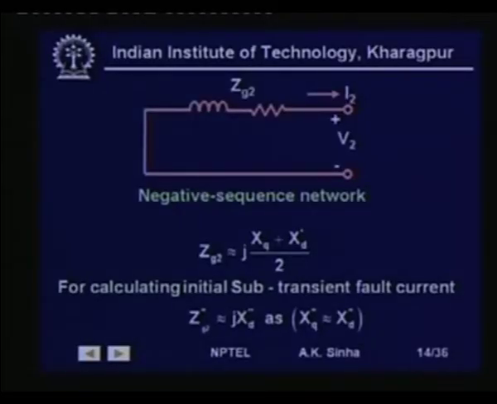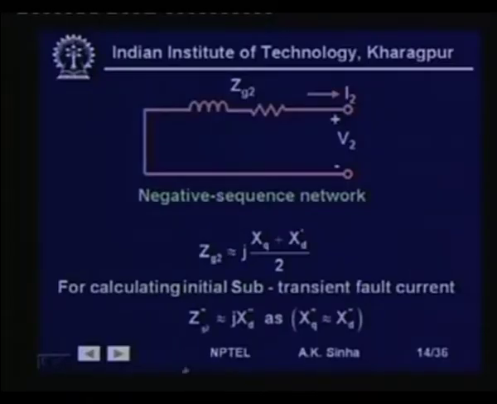So, therefore, we will get ZG2 double dash, that is subtransient reactance in the negative sequence, is going to be equal to jXd double dash, because Xq double dash is very much equal to Xd double dash, because it is the damper circuit which dominates this reactance in the subtransient period.